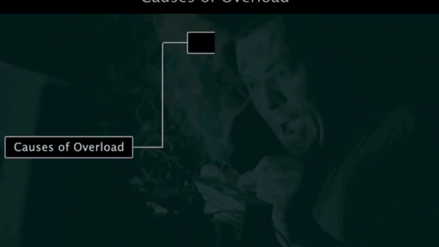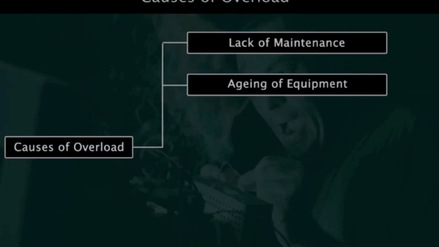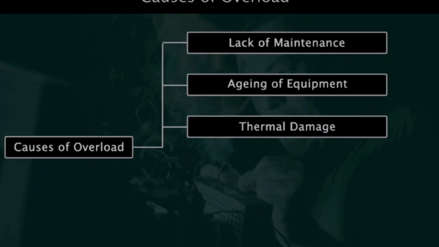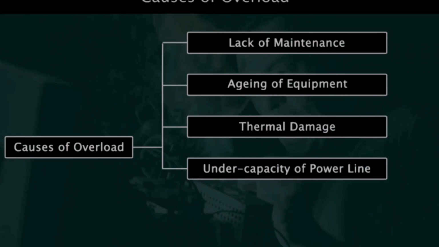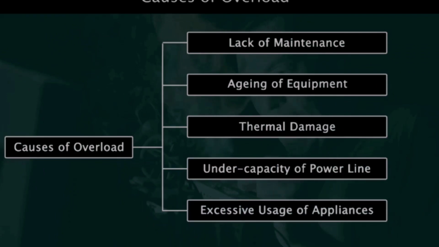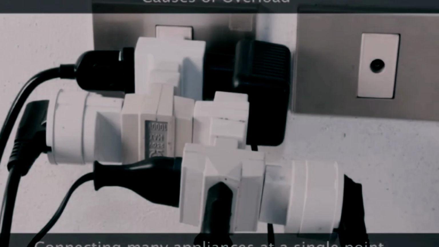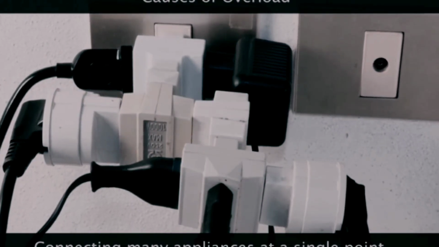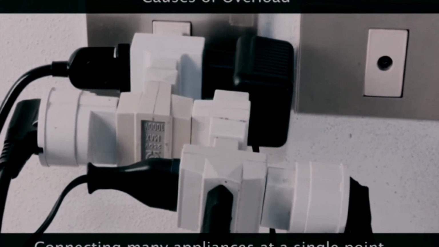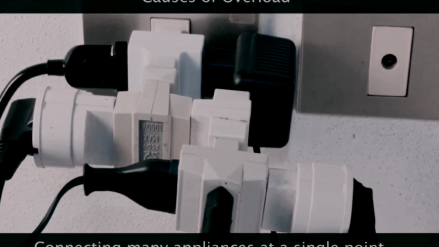Overload is caused by lack of maintenance, aging of equipment, thermal damage, undercapacity of the power line, excessive usage of appliances, and quality of power. Sometimes we overload the electrical circuit by connecting too many appliances at a single point of wiring.